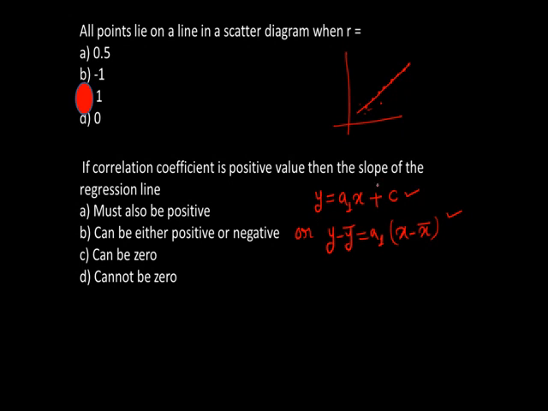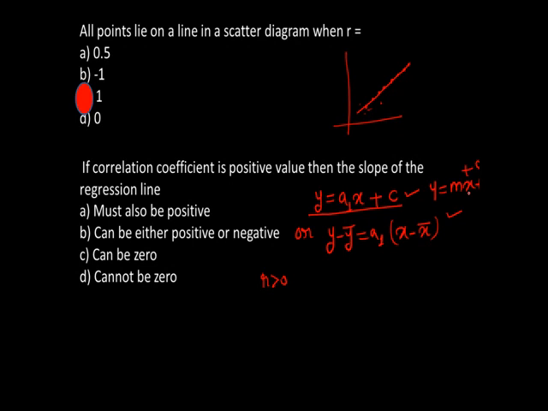Okay, so if you look at this, it says that if the correlation coefficient is positive, then the slope of the line is, right? Here it is given that r is positive, r is greater than 0, and you are asked about the slope of the regression line. If you compare this with the slope intercept form of the line, it is y is equal to mx plus c.